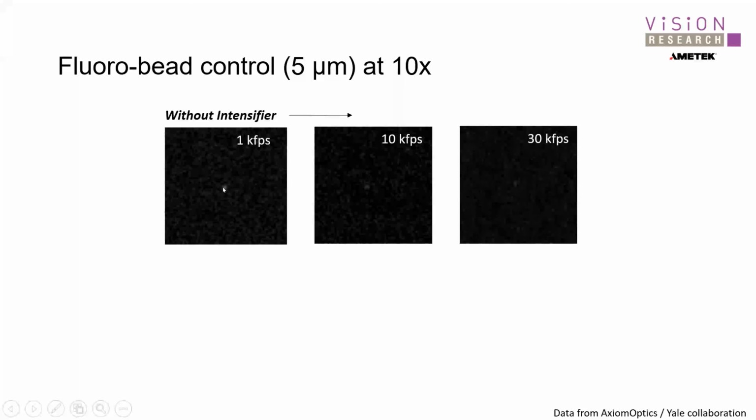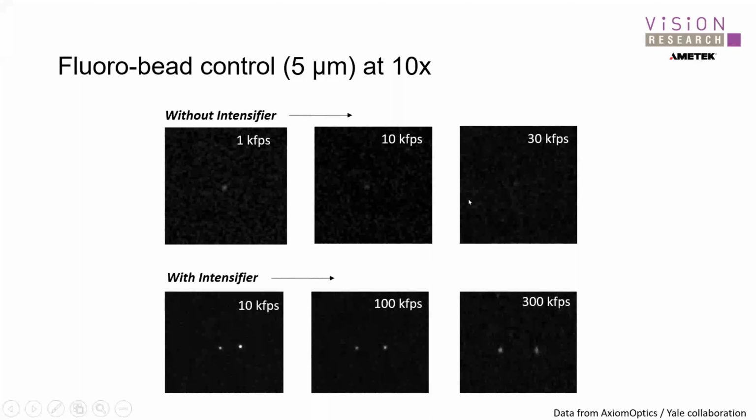It's that little dot there in the middle. All right. And then when you incorporate an intensifier into the mix, you can run at really high frame rates. So at 10 kilohertz, 100 and 300, you get really nice signal to noise ratio with that image intensifier, right?